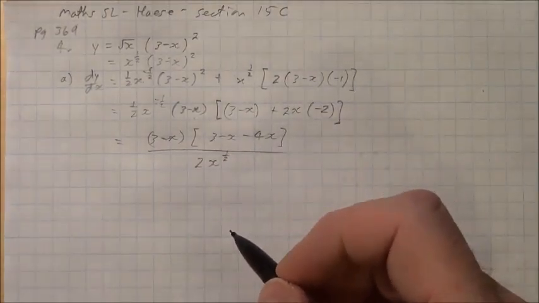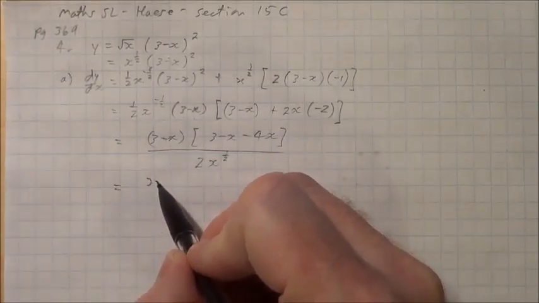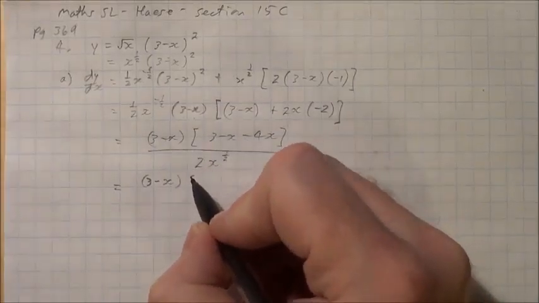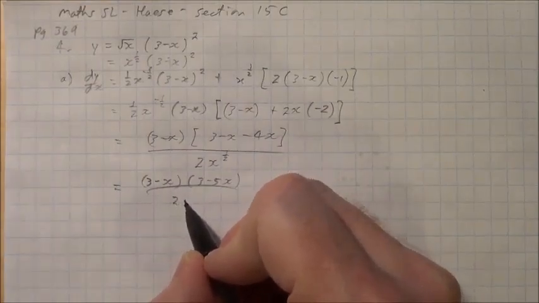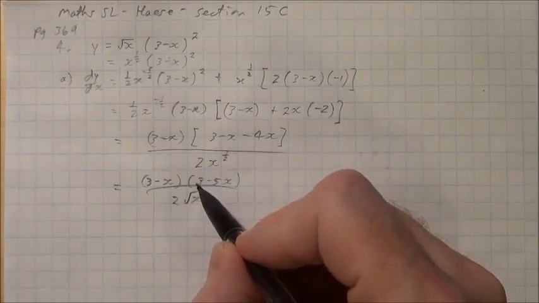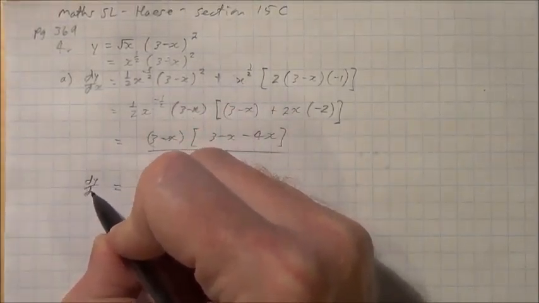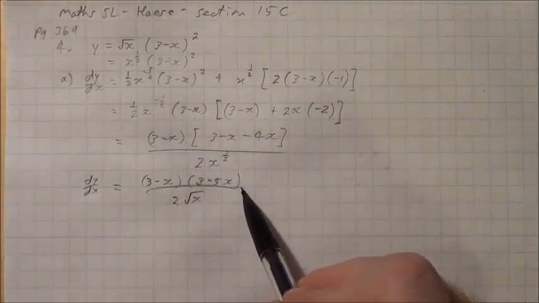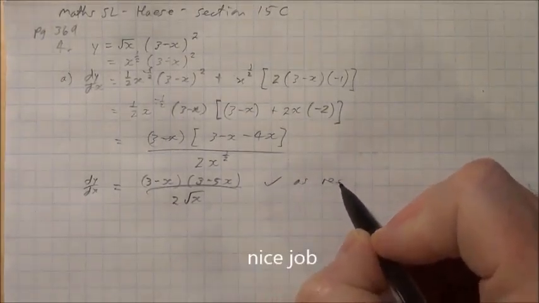From there I leave that 3 minus x out front and simplify in here, so I get 3 minus 5x, all over 2 root x. So this is what the book asked us to show. The gradient function dy by dx equals 3 minus x, quantity 3 minus 5x, all over 2 root x, as required.